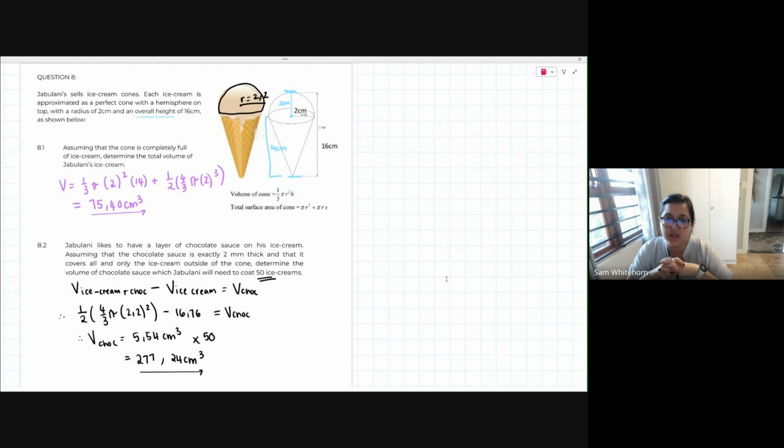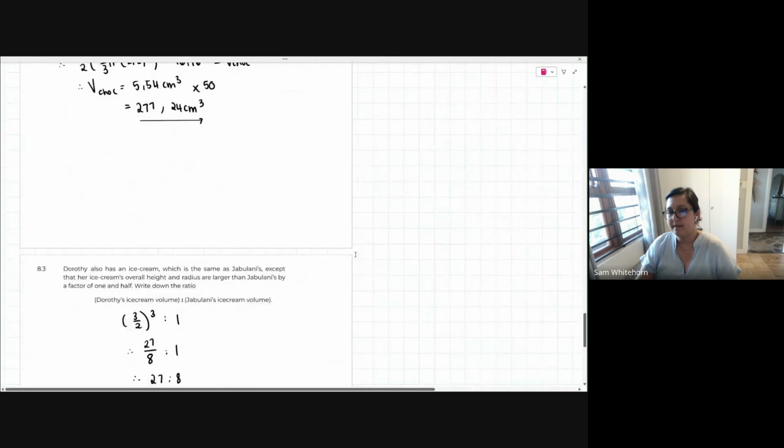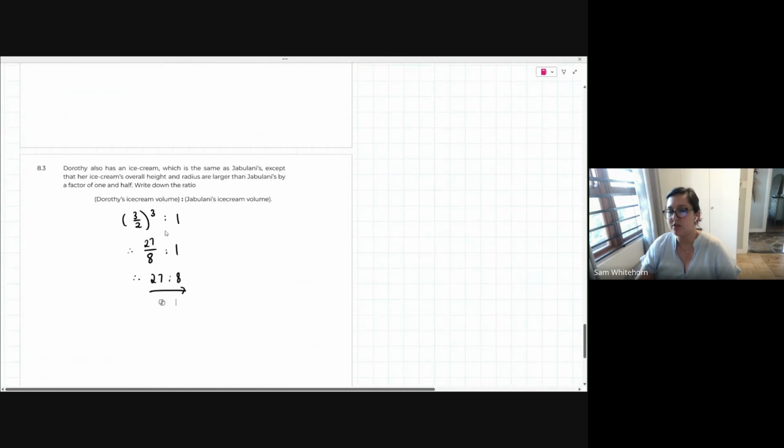Oh, I see your question. I'm just thinking it doesn't really affect the answer, because even if it was including the sauce, we're still only increasing by 1.5. So we're not having to add an extra anything, because it says the overall height and radius are larger by 1.5.